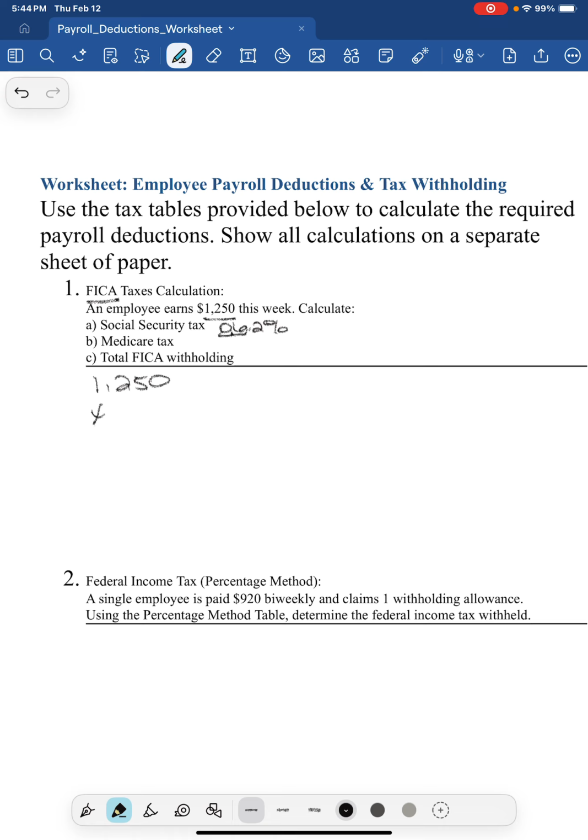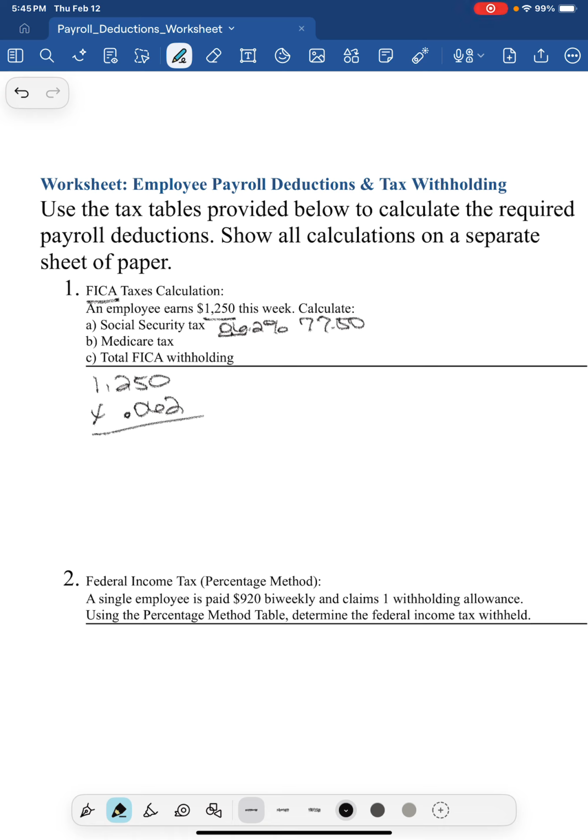So we're going to multiply that by 0.062 to find out how much Social Security tax is going to come out of the check of this person who makes $1,250 a week. So we multiply that out, and we get $77.50 for Social Security.